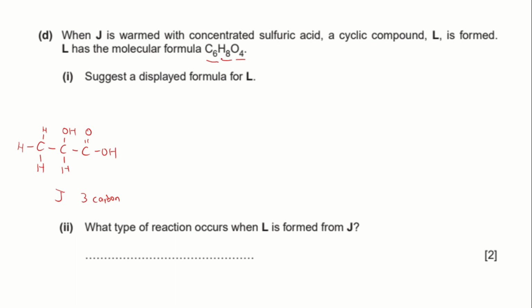So the molecular formula of L suggests that 2 J combine to form L. Because 1 J molecule contains only 3 carbons, to make L we need 2 J molecules. I'm going to draw 2 J molecules side by side so that we can see how they react with one another.